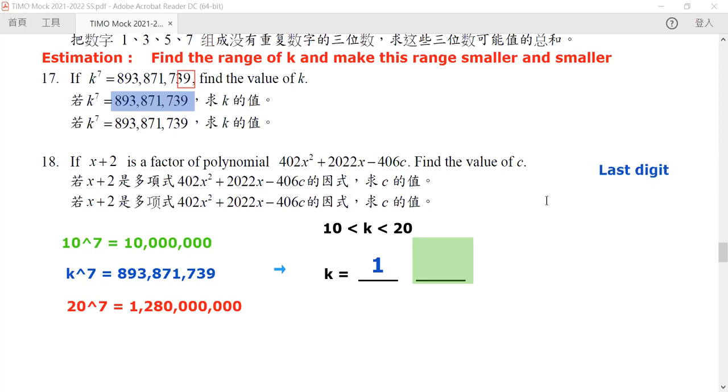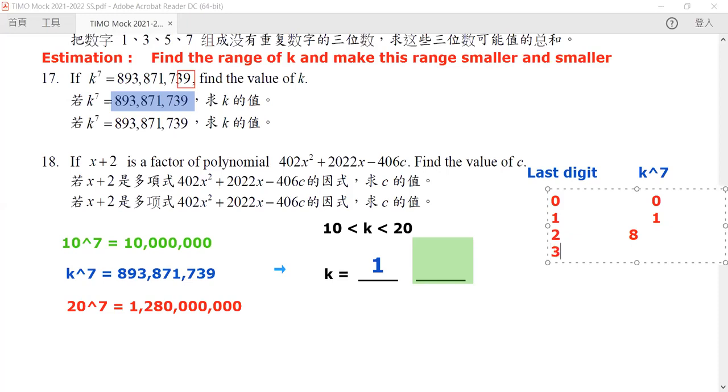If our last digit is equal to 0, then raised to the power of 7, the answer will also be 0. If the last digit is 1, then the last digit is also 1. If the last digit is 2, then it becomes 2 to the power of 7, which is equivalent to 2 to the power of 3 because it follows a cycle of 4, so it's equivalent to 8.